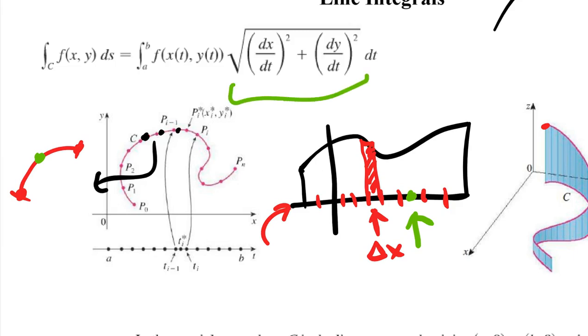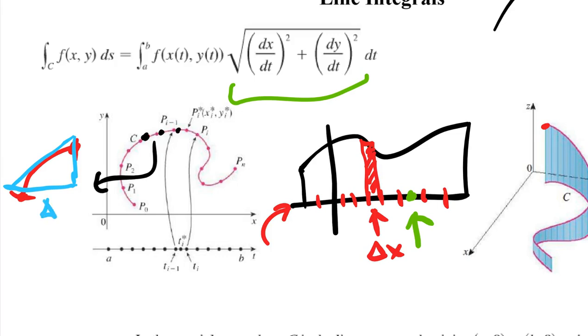It kind of looks like the Pythagorean theorem, and it is. If you consider your little piece of curve here, and you're trying to find the length of it, basically it can be approximated using a tangent line. That tangent line is the hypotenuse of a triangle, okay?